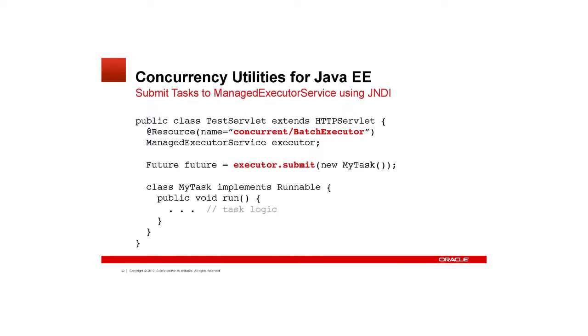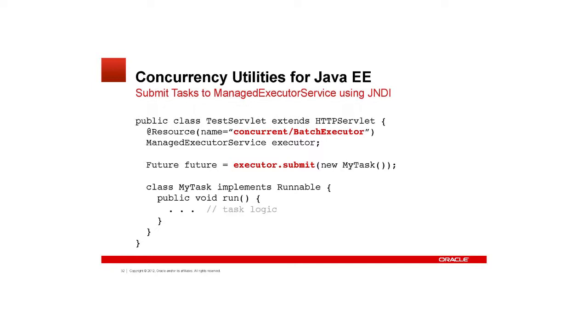This is an example. In this case, it's a servlet. It uses a managed executor service called batch executor. Here, I define as an inner class my task, which implements the Runnable interface. So this code is pure Java SE code, and I need to implement the run method. That's basically where the action will happen.